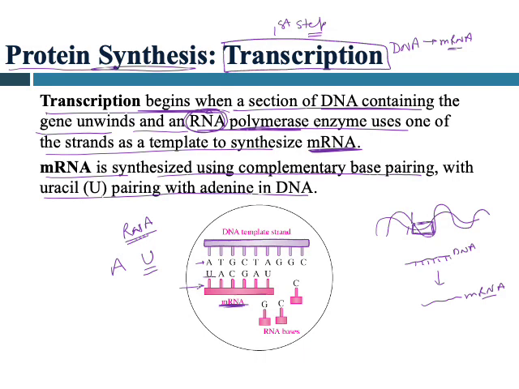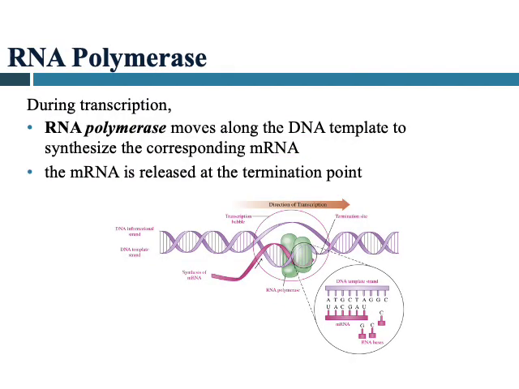So once the mRNA is formed, what's going to happen? This information is going to go outside the nucleus. So what is RNA polymerase? RNA polymerase, as we already talked about, is the enzyme that helps copy the DNA into the mRNA molecule.